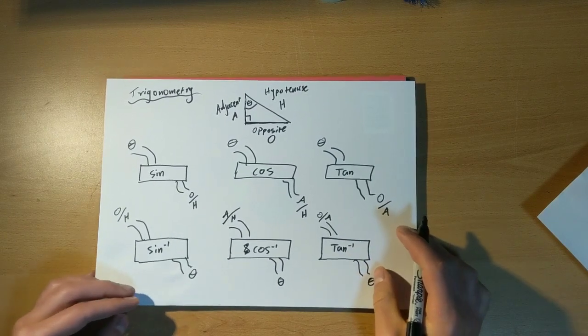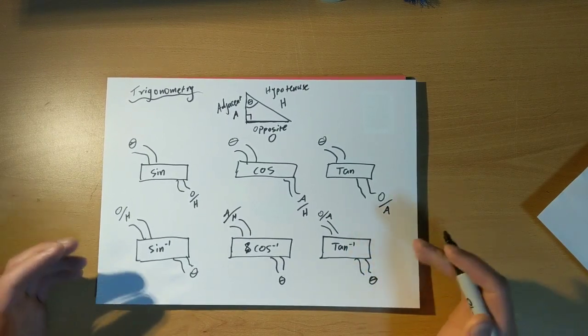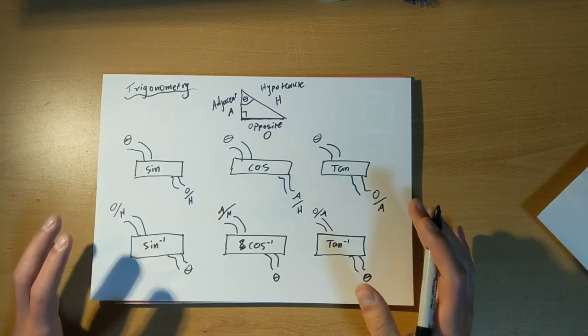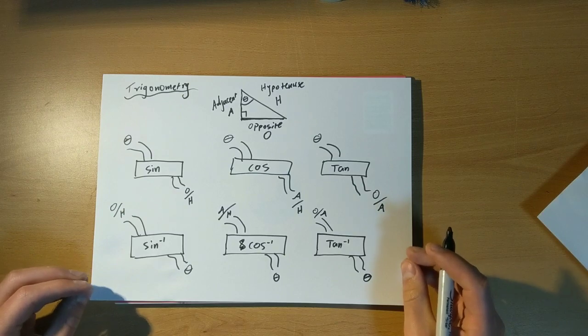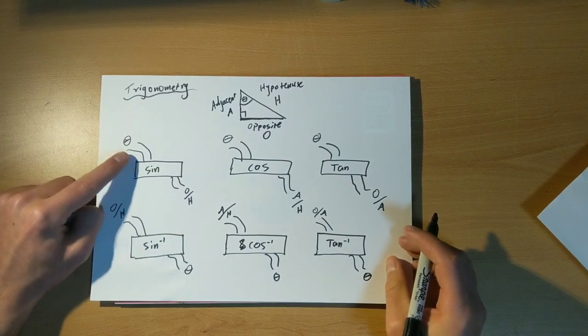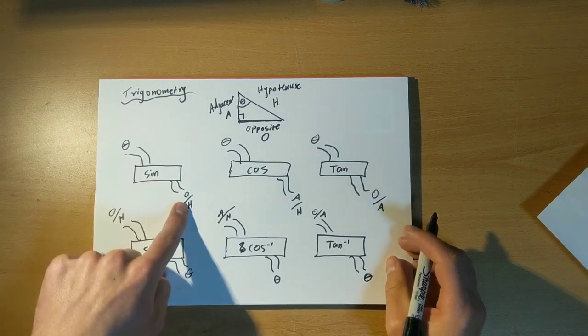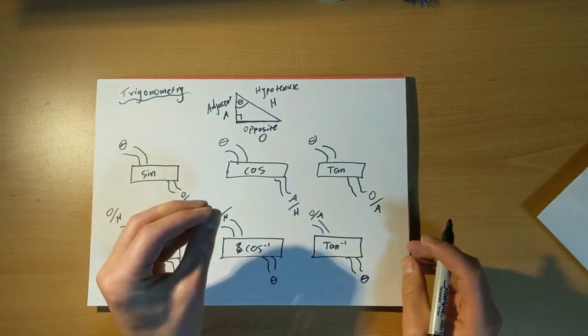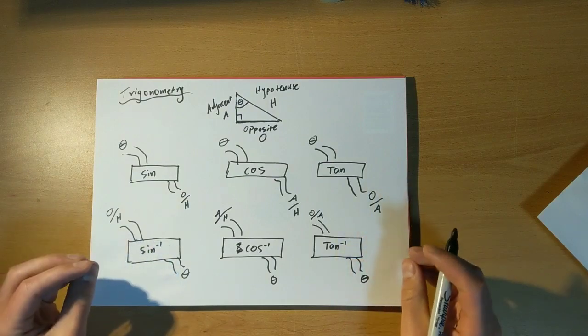Okay, the reason why I'm talking about these sine, cos, tan things as machines is because I don't want you to ever get confused and start using them as numbers. This angle that goes in is a number, and the ratio that pops out the other side is a number, but the sine or the cosine or the tangent itself is not a number.